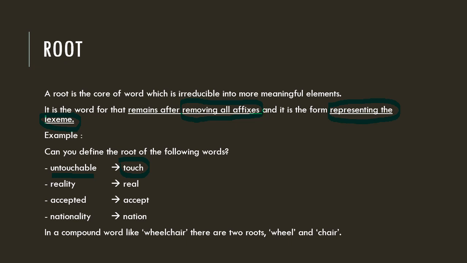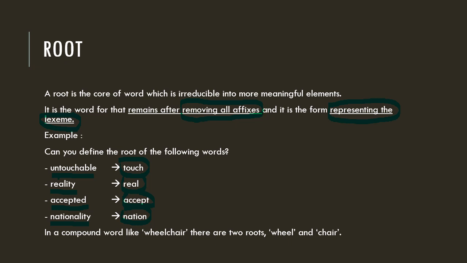So you need to remove all the affixes. In the word reality, we can find that the root is the word real. Accepted, the root is the word accept. And in nationality, the root is the word nation. Nation cannot be reduced into a smaller form.